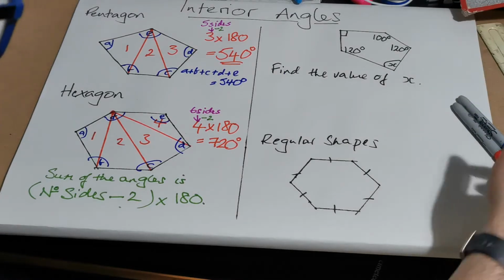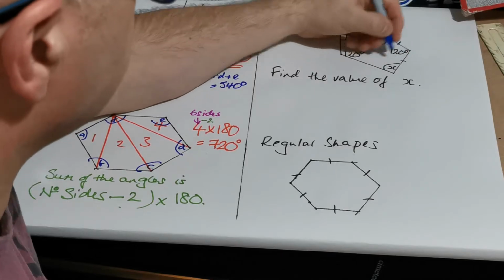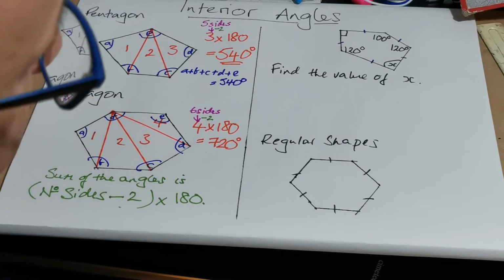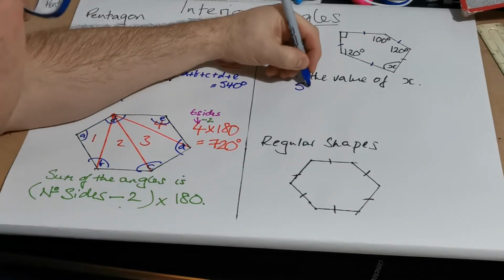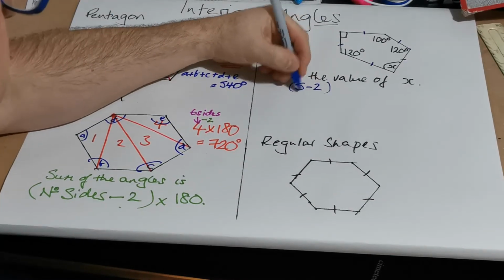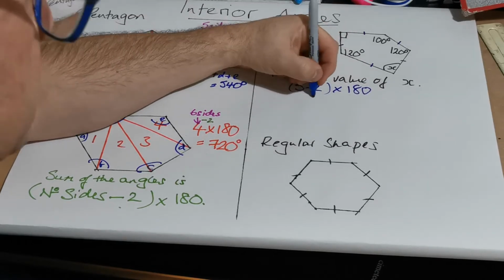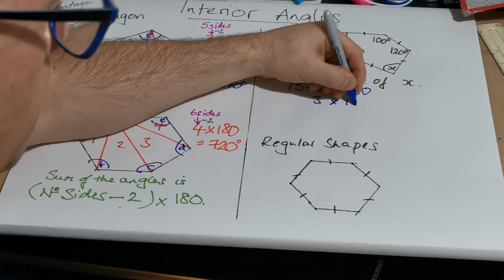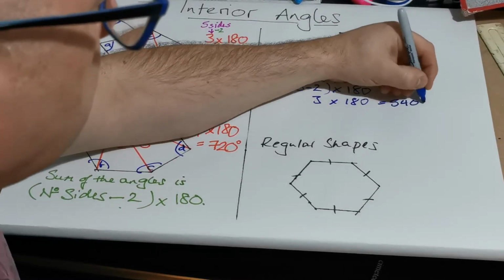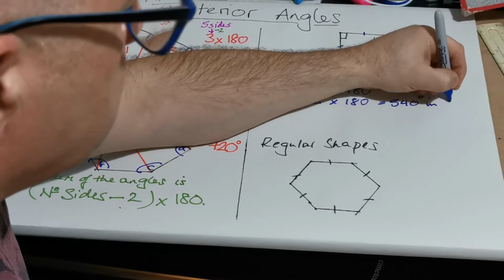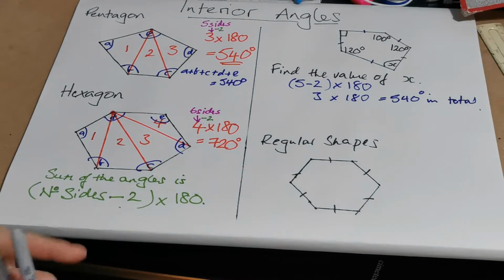Now, looking at this question here, I can see it's got 1, 2, 3, 4, 5 sides. So using this formula here, I'm going to do 5 take away 2 times 180 degrees. So that's 3 times 180, which is 540 degrees in total, which luckily agrees with the pentagon that we did earlier.